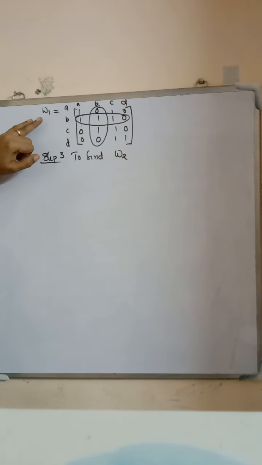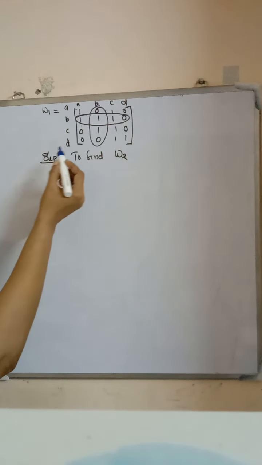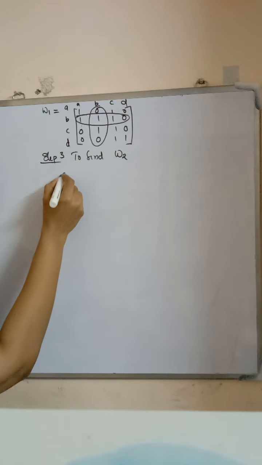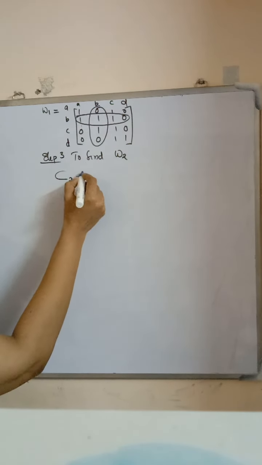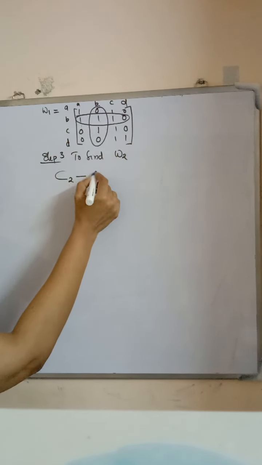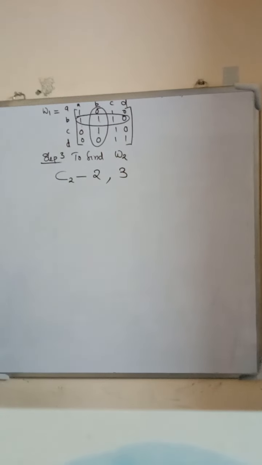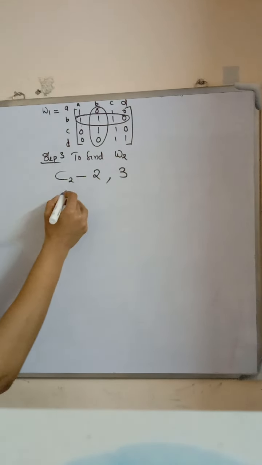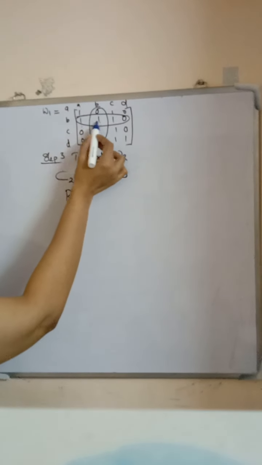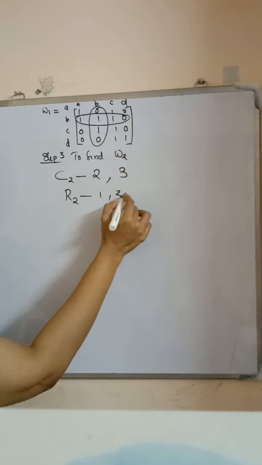Clearly it's from W1. Then check the positions of ones in column 2. Here in column 2, the second and third positions have 1. Also in row 2, R2, the first, second and third positions.